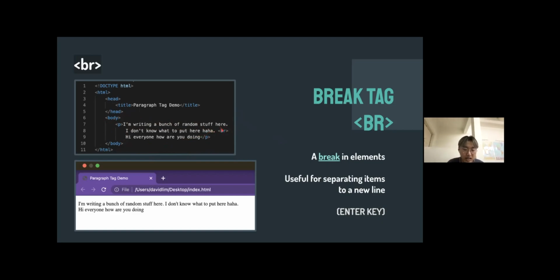And on the website, you'll notice that there is a break right here. So instead of everything coming out in one line, there's an enter after haha. Unlike other tags that we've learned so far, this one doesn't require an end tag. What I mean by that is we don't need another tag that has a backward slash.